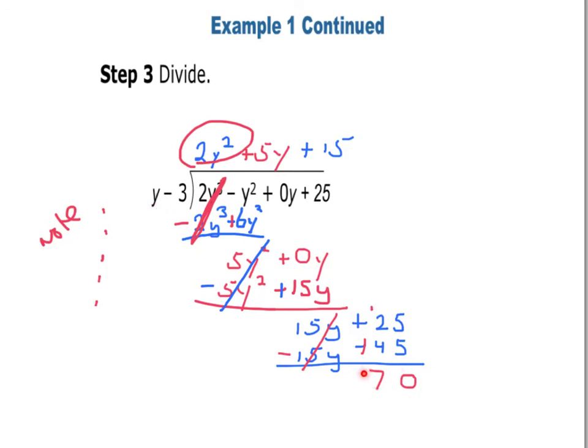Notice the degree of 70 is 0. The degree of this binomial here is 1. So because the degree of 70 is less than the degree of the divisor, that means this is my remainder. So I'm going to take that and we're going to go plus 70 and write it over top the divisor, y minus 3. And that's all there is to division.